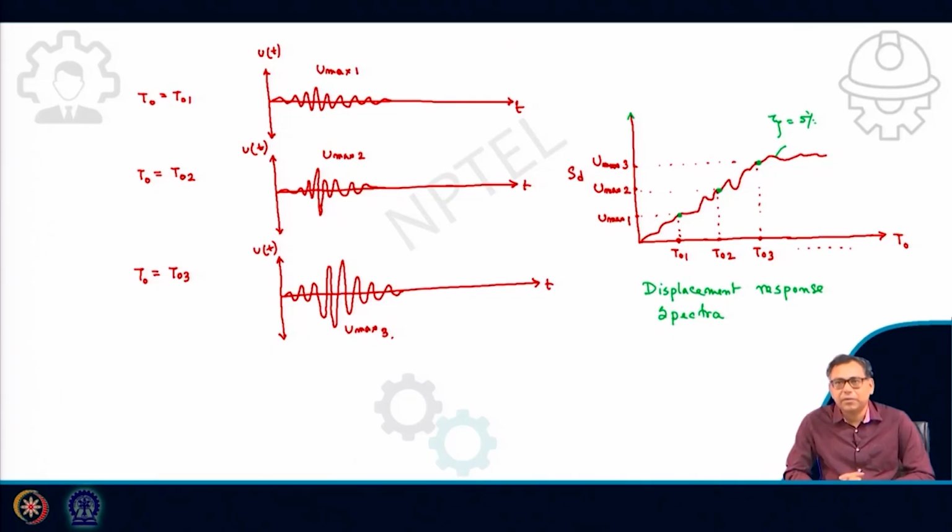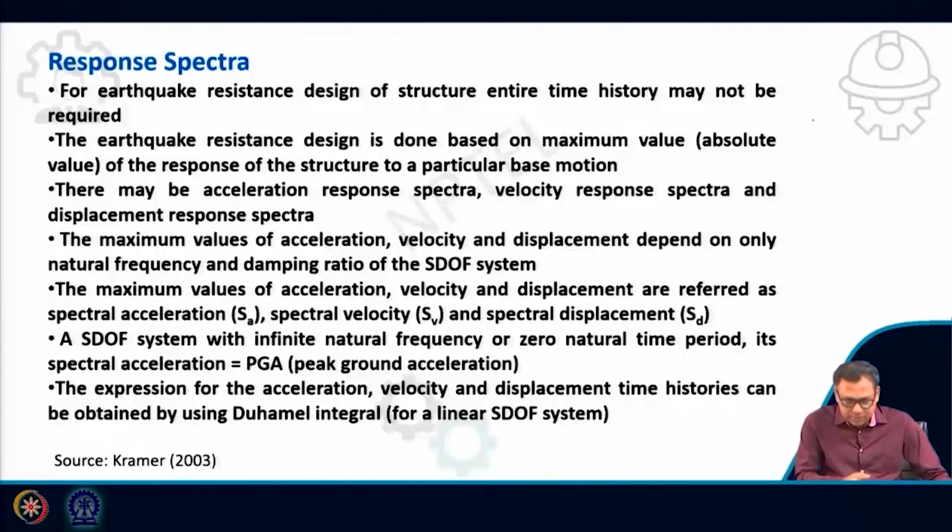Now for different damping ratios also you can derive similar types of response spectra. Similarly, you can develop the expressions for acceleration and velocity, then you can get the different spectra, that is the acceleration response spectra plot and the velocity response spectra plot.